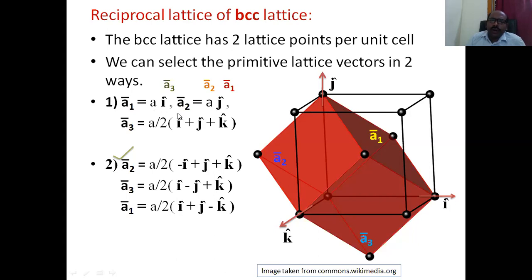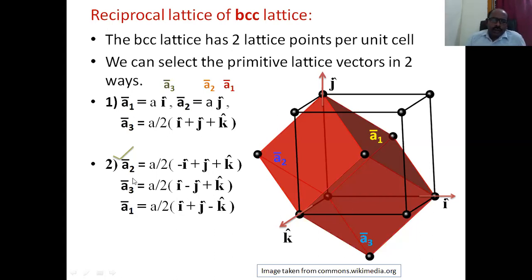If we keep on placing lattice points at the ends of these basis vectors, we should be able to fill up the entire space with a periodic spacing. So those are the basis vectors.